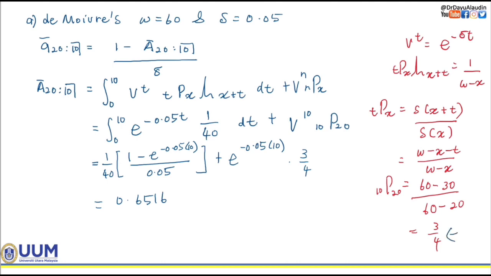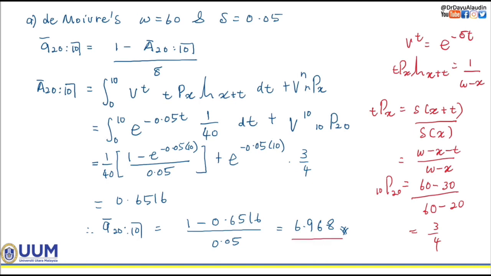Then we substitute here and we get 0.6516. Then we substitute into the annuity formula and we get the annuity equal to 6.968.